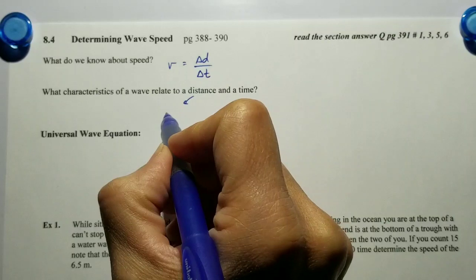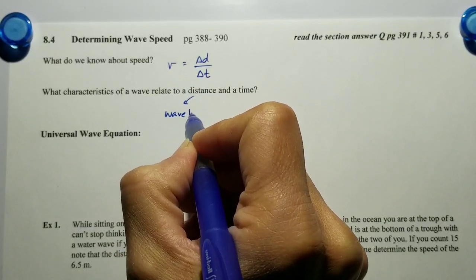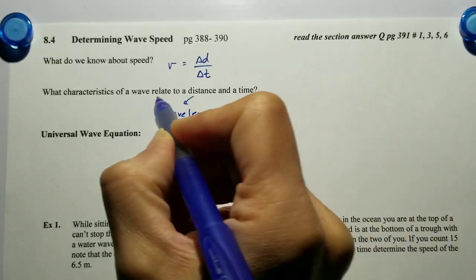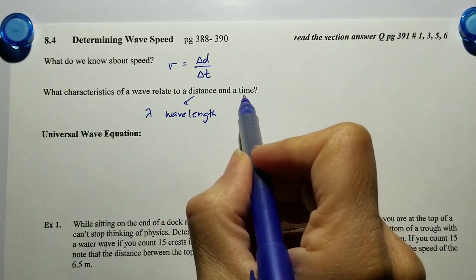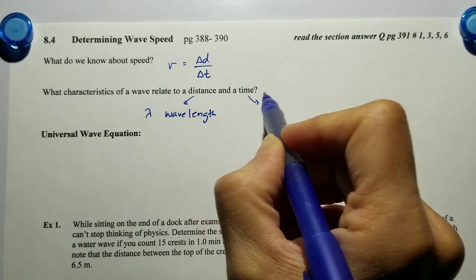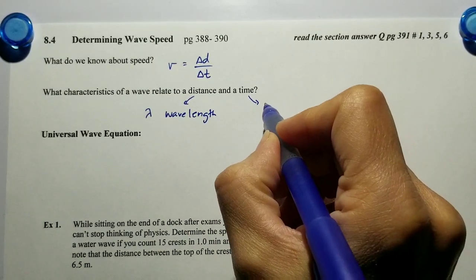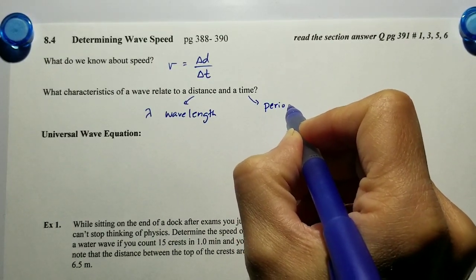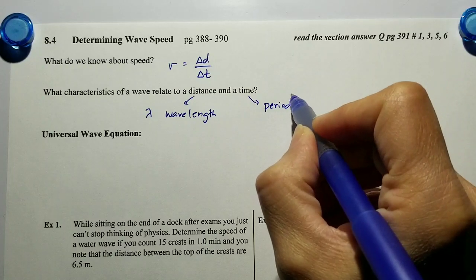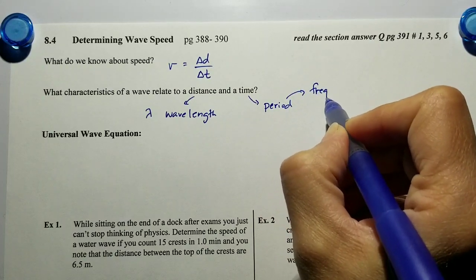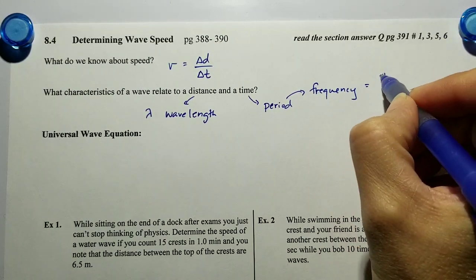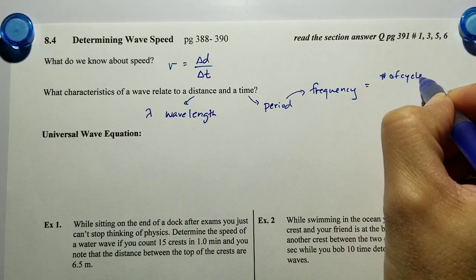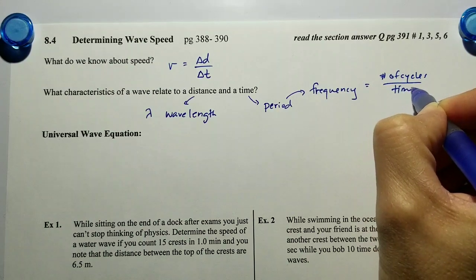So when we talk about distance, we want to talk about wavelength, lambda. When we talk about time, there was a specific time for a wavelength, okay? And that was the period, or we actually spoke about frequency. Frequency had to do with number of cycles per time in seconds.